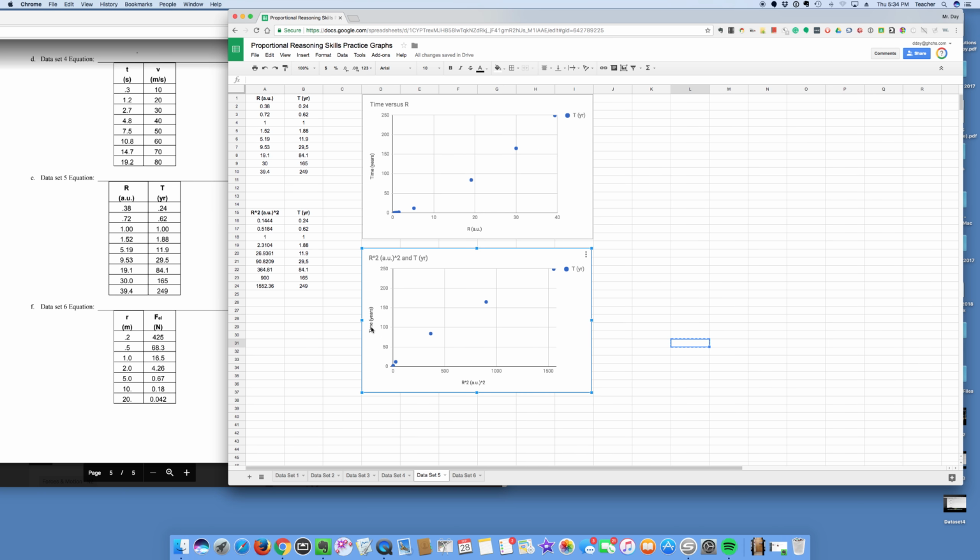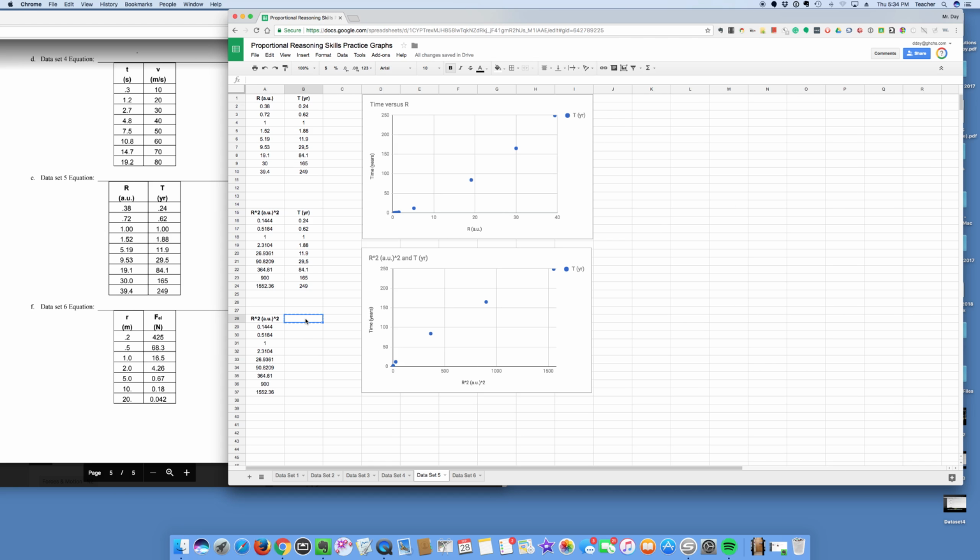It looks like I'm gonna have to square the time axis because this side opening parabola suggests that this side has to be squared, and the horizontal I'll leave alone. So I'll say equals, and I'll copy it down, and drag this down. Okay. And then I'm gonna make this bold.